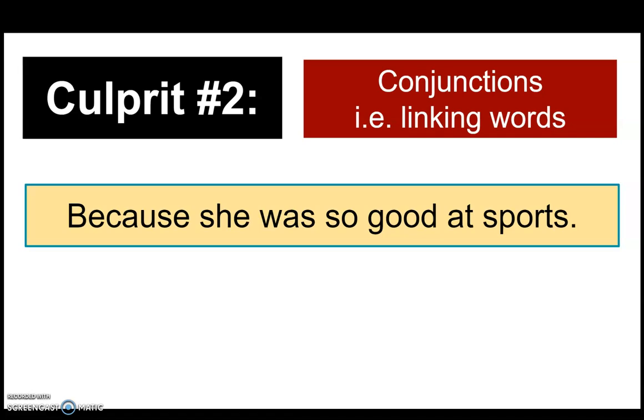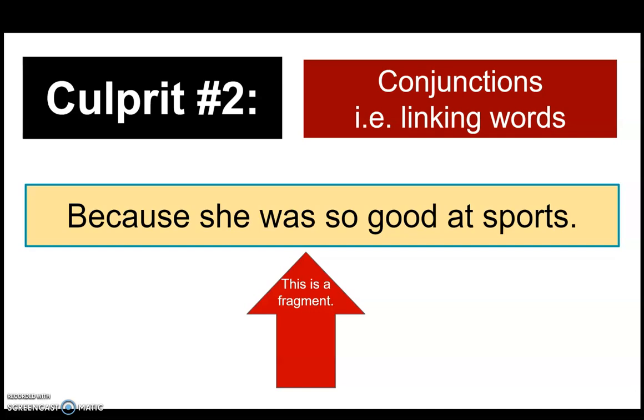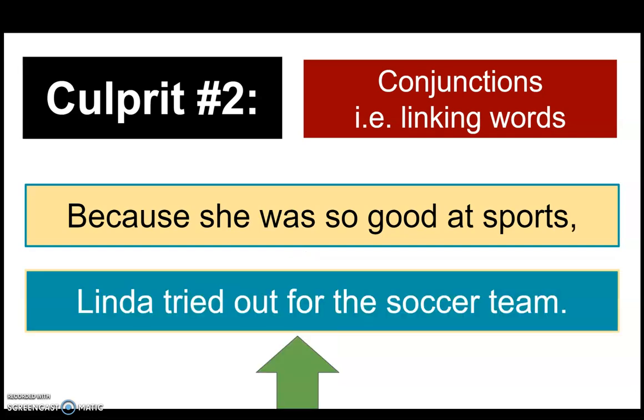So these conjunctions, if you have a phrase beginning with one of those, it needs to be connected with another phrase that is an independent clause. So because she was so good at sports, period, well, that kind of leaves us hanging. Because she is so good at sports, what? It's a fragment. So we have to connect it with another idea.